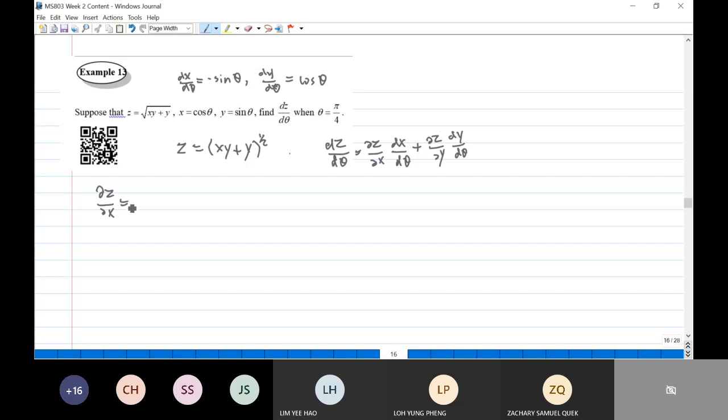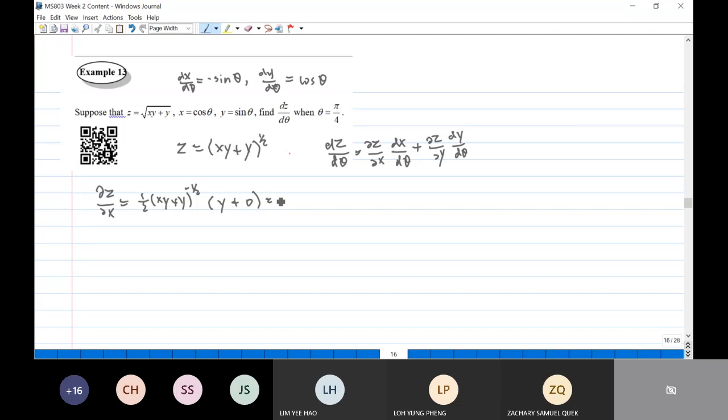Okay, this is equal to, you keep y constant now, so half of xy plus y to the minus half, then differentiate with respect to x here. Differentiate xy with respect to x, you get y, and then plus 0.